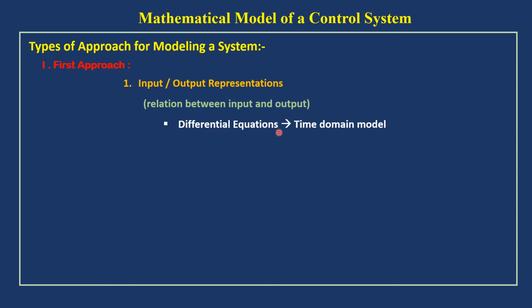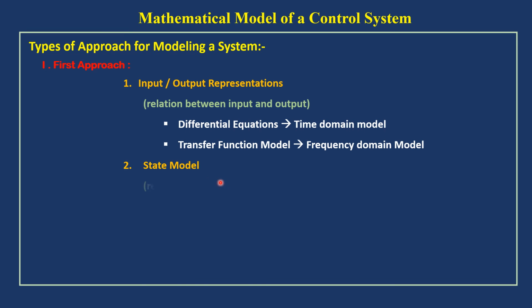One is differential equations, which is a time domain model, and the transfer function model, which is a frequency domain model. The second one is the state model, which is the relation between input states and output signals. For the control systems subject, we are going to study these two representations: input-output representations and state equations.